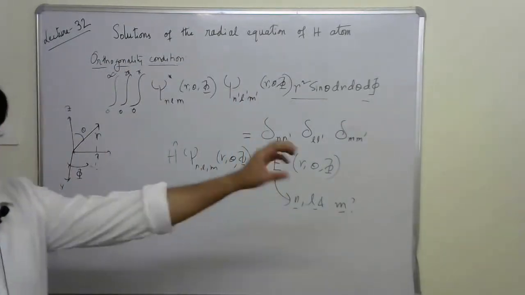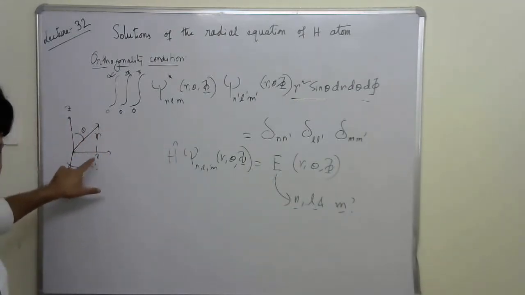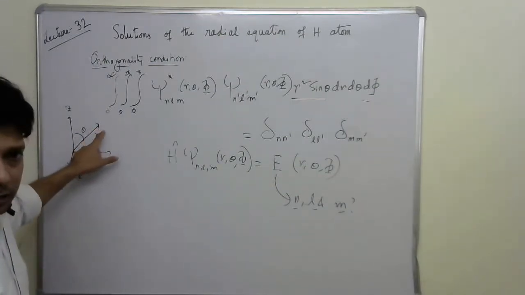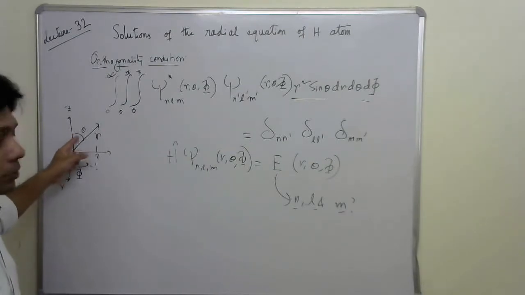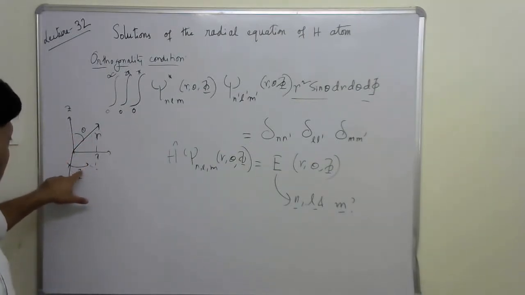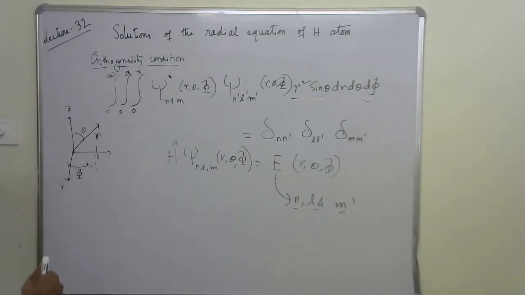Before we proceed further, I would like to make a little correction here. Based on our usual convention of the spherical coordinates, this is x, this is y and this is z, this is a vector r, it makes the angle theta with respect to z, and its projection on the xy plane makes an angle phi with respect to y. If that is so, then the angle range of theta becomes 0 to pi.